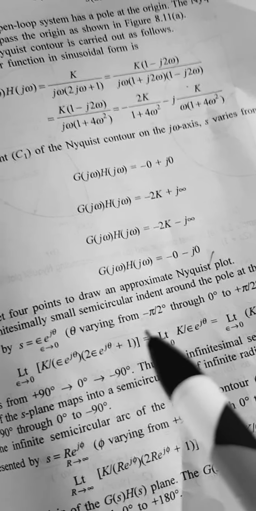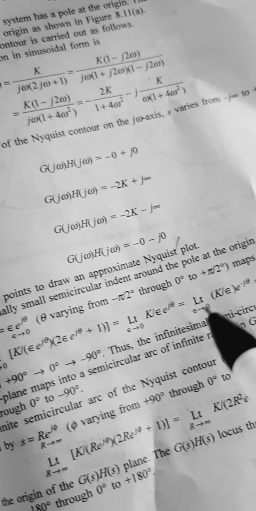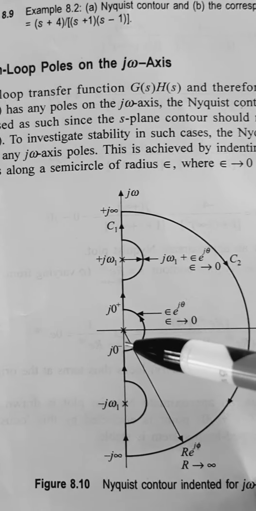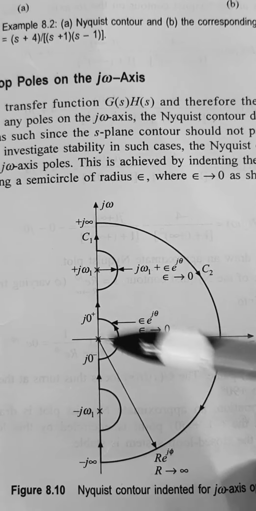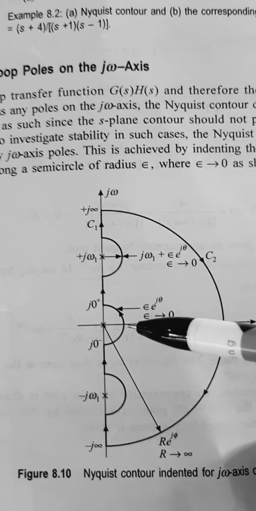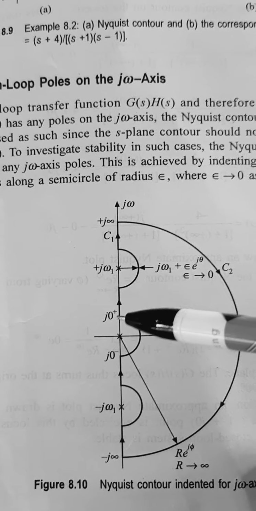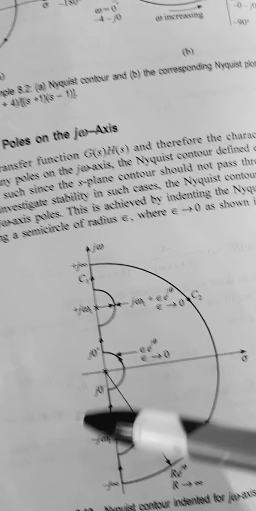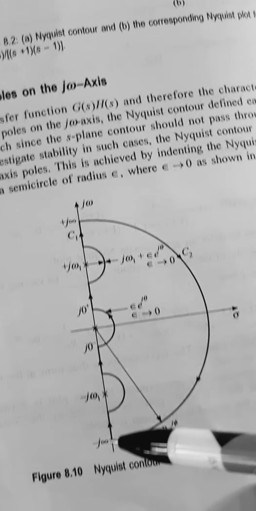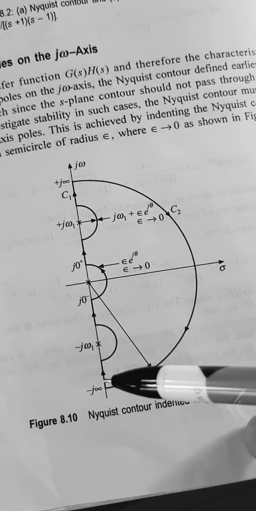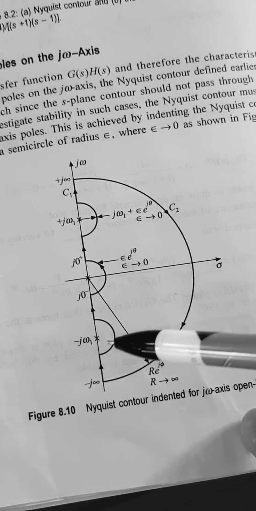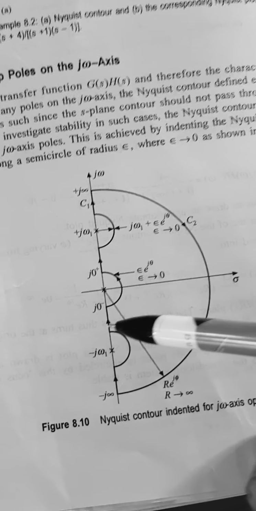The direction is like this, because the C1 starts from here, and if there is a pole the direction goes around it this way.